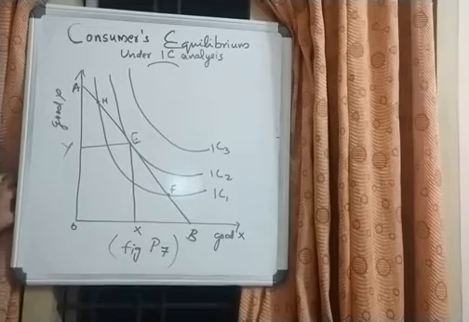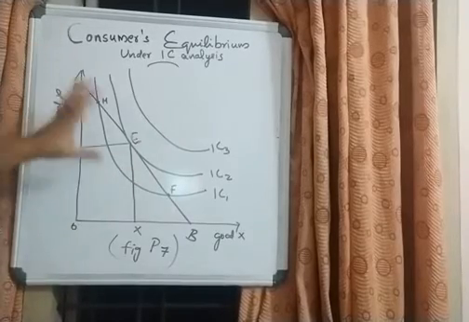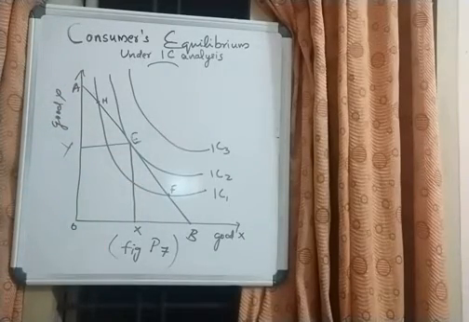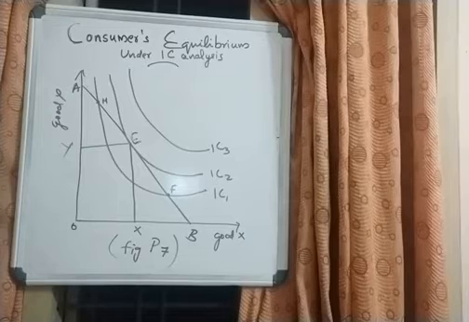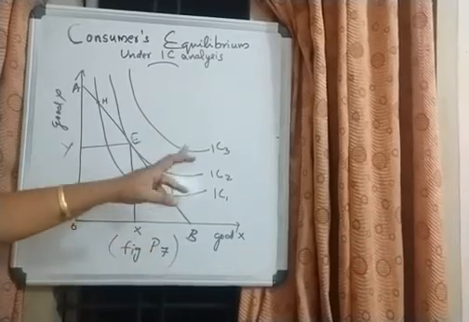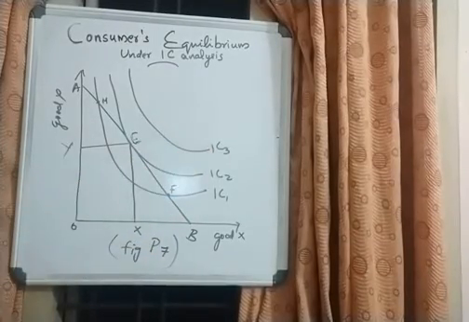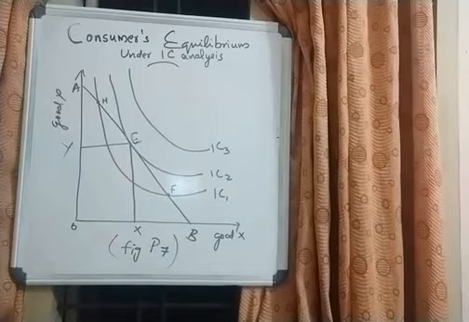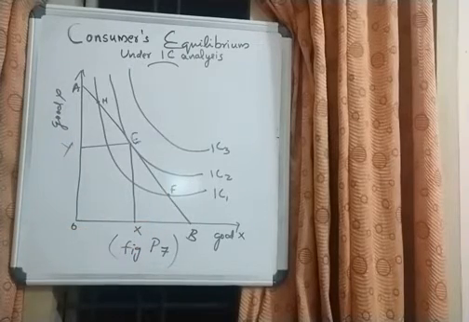This is a graphical illustration of indifference curve analysis. In this diagram, IC1, IC2 and IC3 are three indifference curves. AB is the budget line.